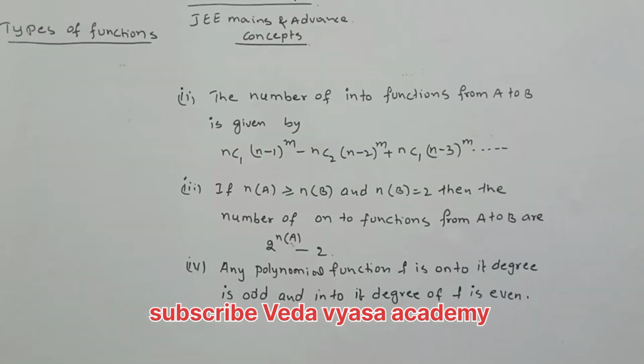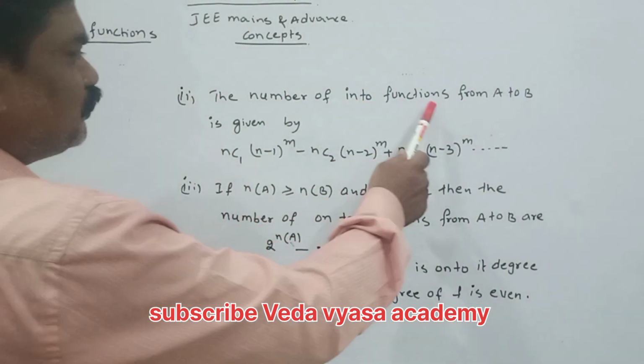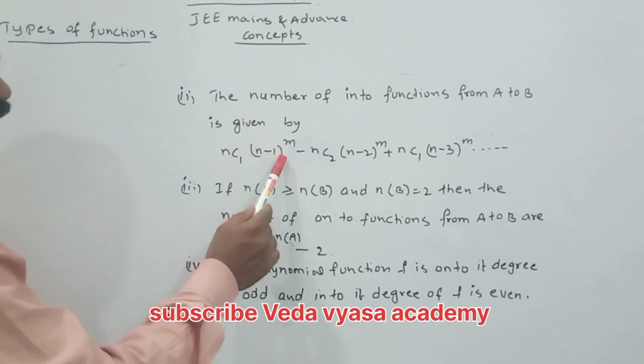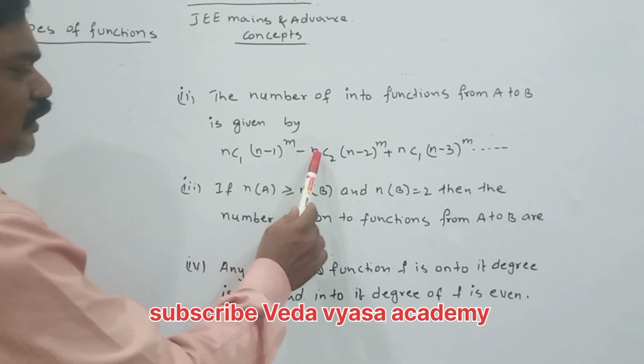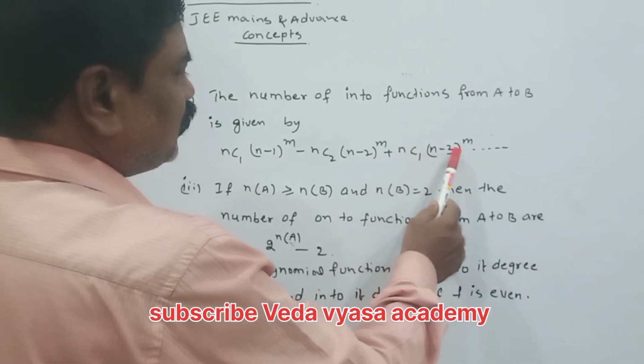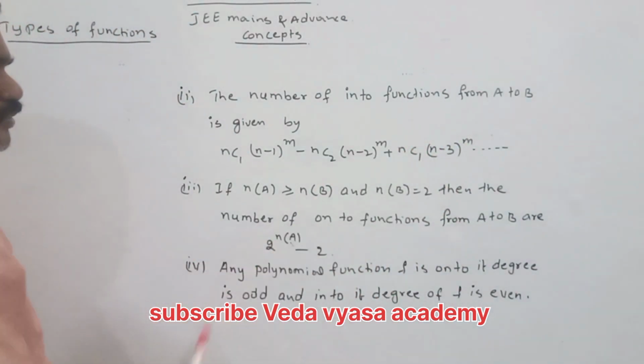Some points on into functions. The number of into functions from A to B is given by nC1 (n-1)^n - nC2 (n-2)^n + nC1 (n-3)^n and so on.